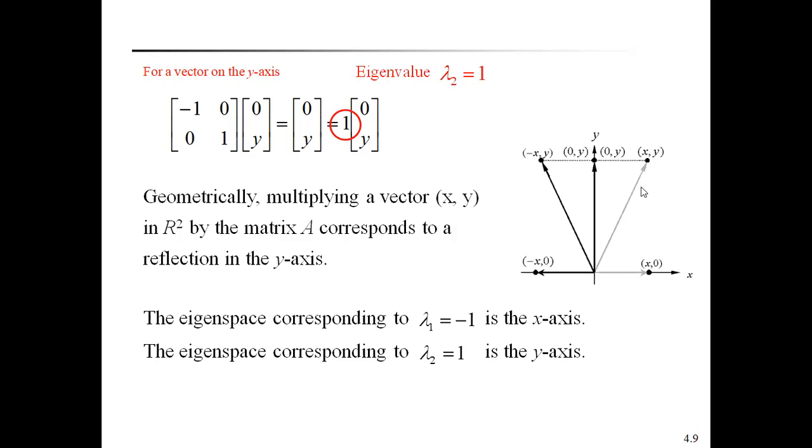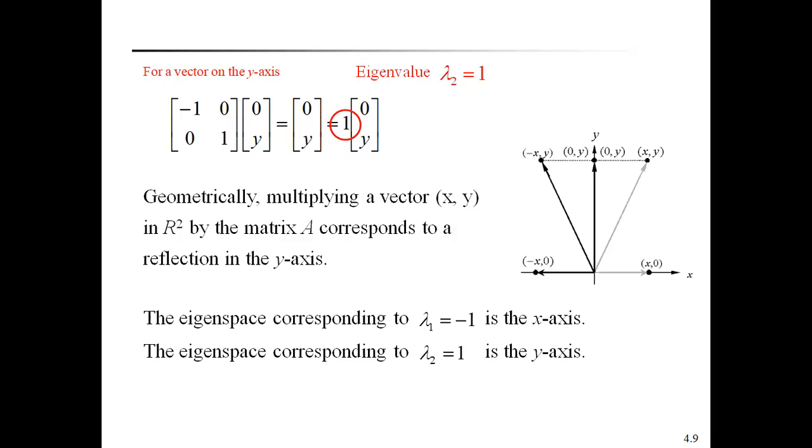Here the reflection of this vector v is (-x, y). That means this is the second quadrant, therefore the x component must be negative. That's why we get (-x, y). For any point on the y-axis, the x component will compulsorily be 0: (0, y). This is the geometrical representation of the eigenspaces on the x-axis and y-axis.